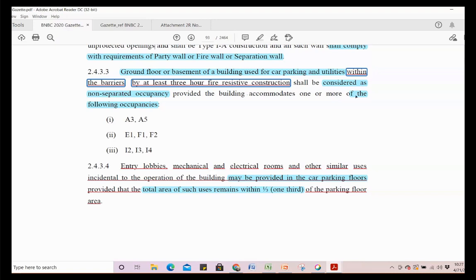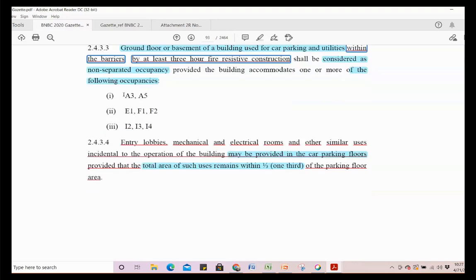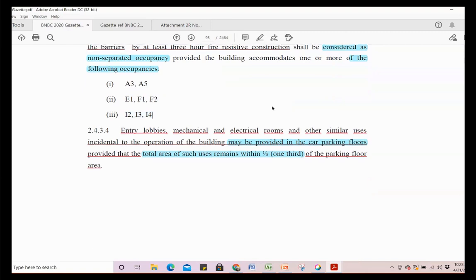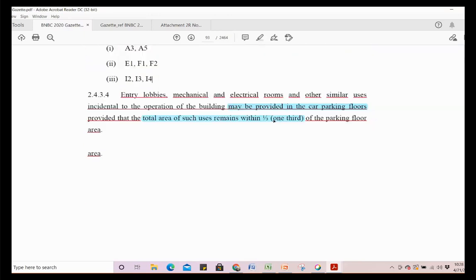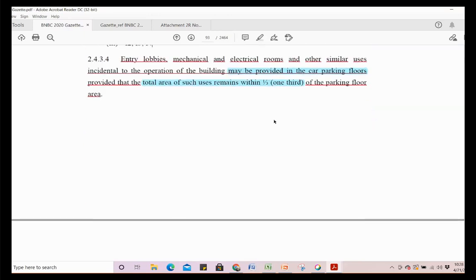Provided the building accommodates one or more of the following occupancies. So it is not open for all occupancies. It is open for A3 and A5, E1, F1 and F2, I2, I3 and I4. So these are the 8 occupancies that can have this particular facility. Entry lobby, mechanical, electrical rooms and other similar uses incidental to the operation of the building may be provided in the car parking floor.